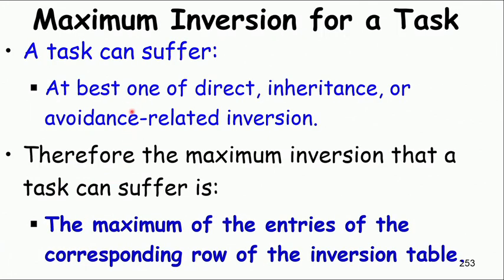Now, let us identify what is the maximum duration for inversion that a task may undergo, considering all types of inversion. The first thing to note is that a task can suffer at best only one of the inversions, either direct, inheritance or avoidance related inversion. It cannot suffer multiple inversions of this type.